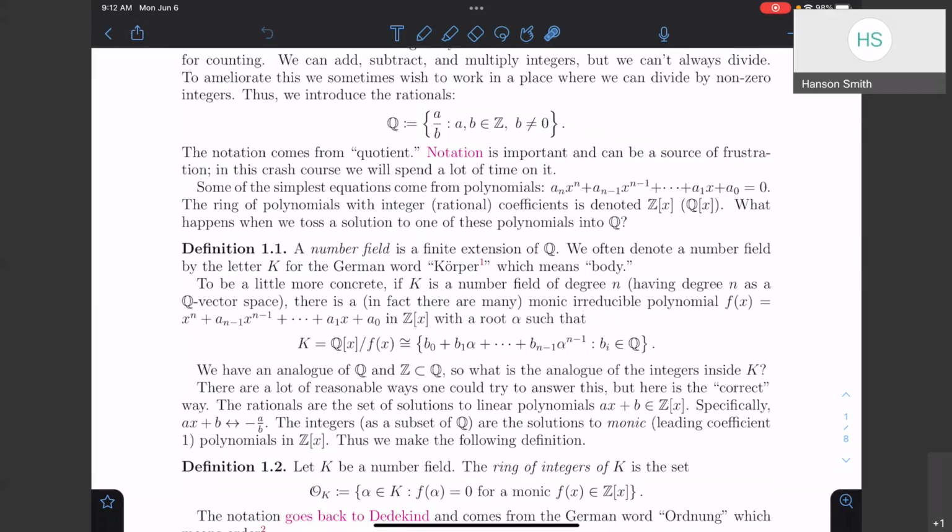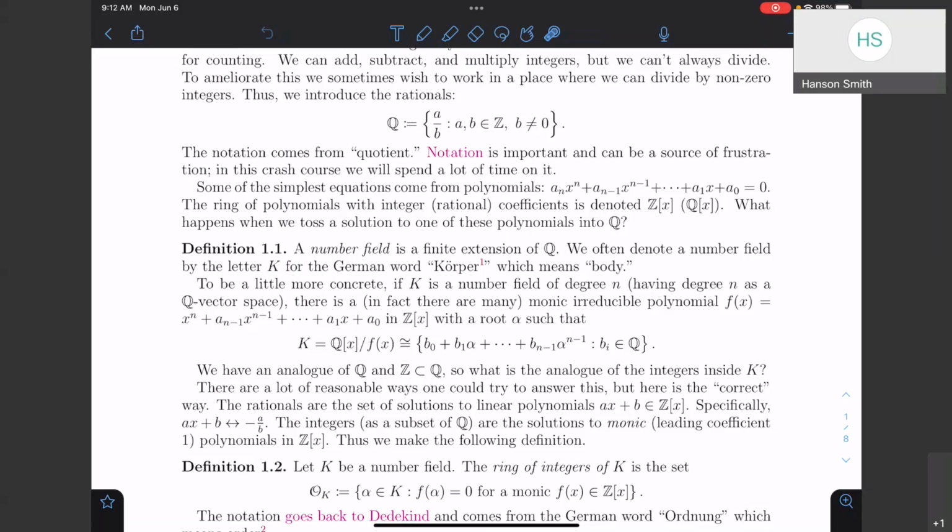The first definition is a number field, which is a finite extension of Q. We often denote a number field by the letter K, which comes from the German word Körper, which means body. That's one of the rare German words that has a nice Latin root, corpus. So it's a body of stuff, all knit together.